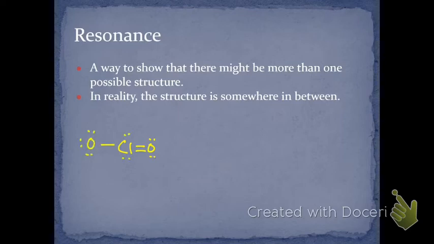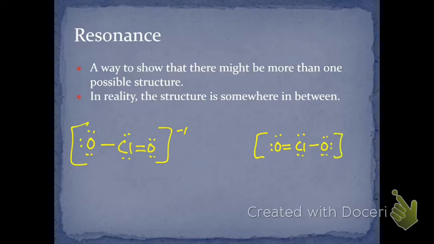By formal charge, we figured out this is what it's going to look like. But the double bond can actually be on the other side. Equally as acceptable, even with the formal charge, you could do it like this.